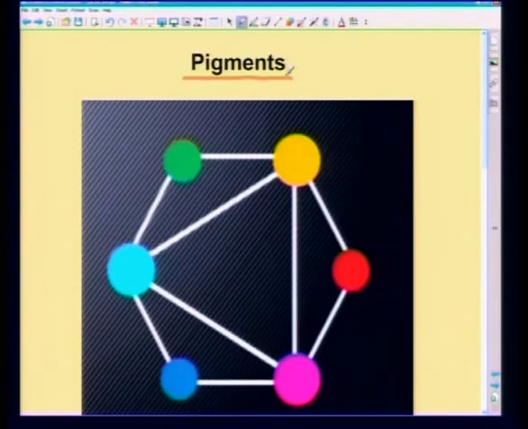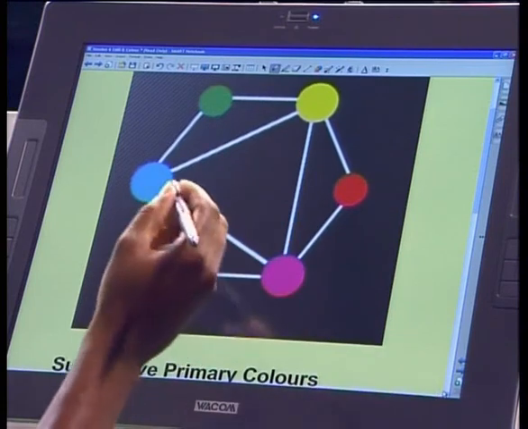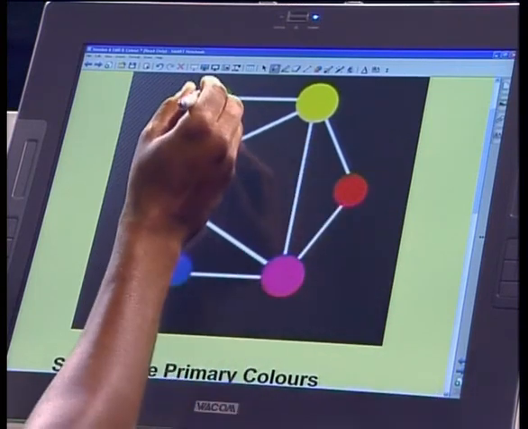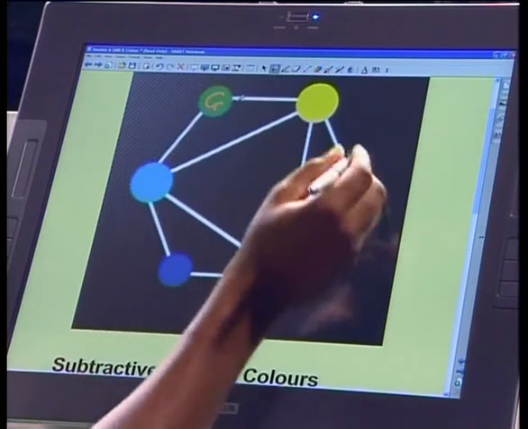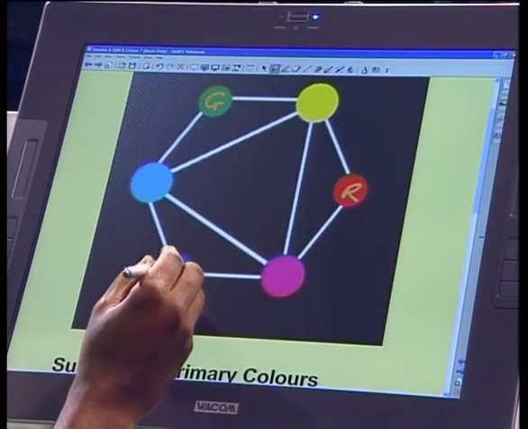Let's quickly talk about pigments because this is so related, and then we're going to have some examples later on. Pigments. Let's have a look at that. Remember that we have the primary colors. This is your green, this is your red, and this is your blue.